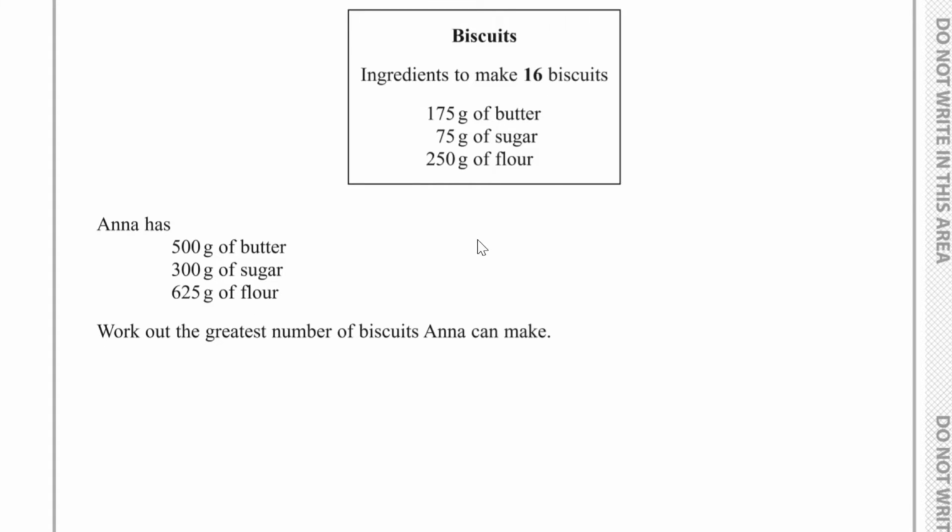So the way to do this is to think about a scale factor. If we take a look at our butter, we have 500 divided by 175.